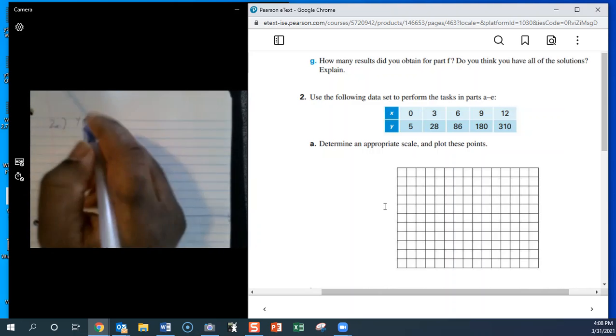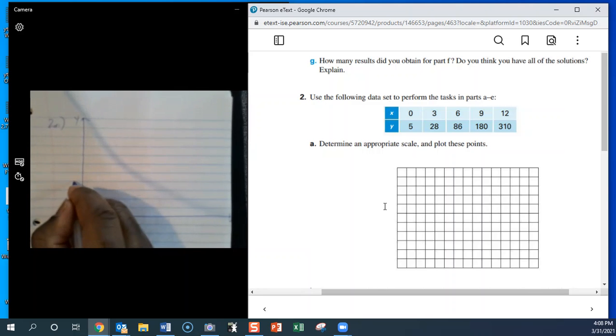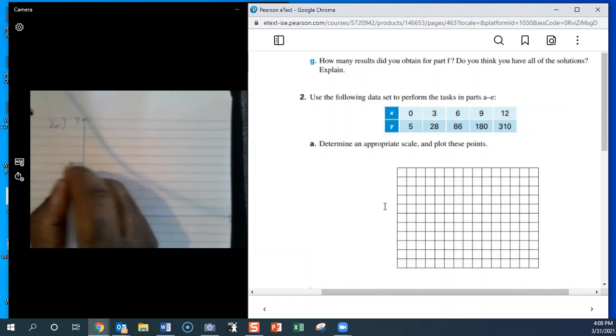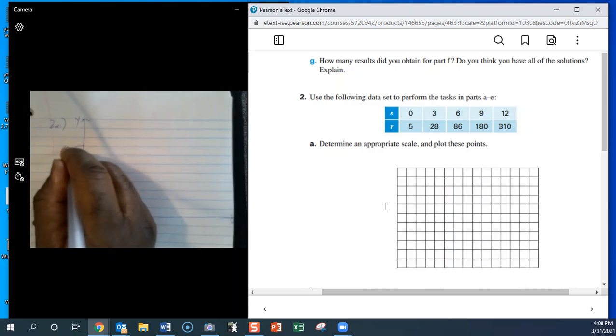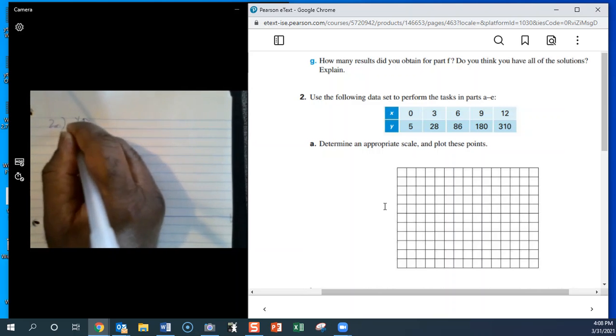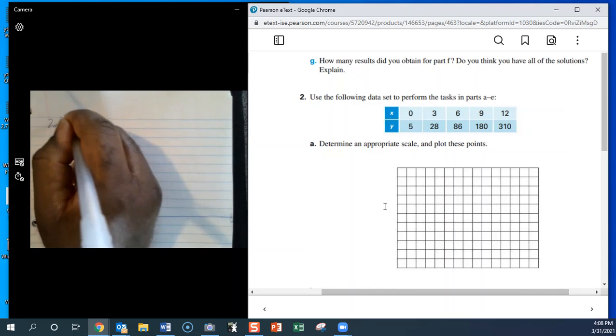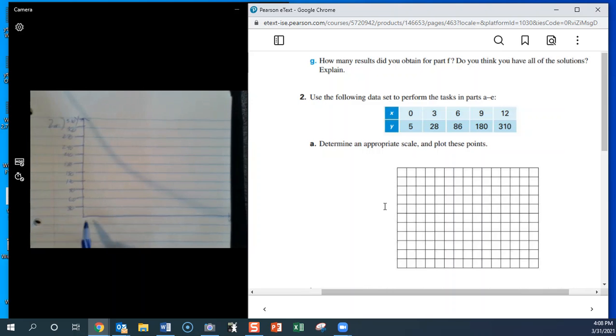All right, so with the y-axis, I said 30, so this would be 30, 60, 90, 120, 150, 180, 210, 240, 270, 300, and then up here at the top would be 330. Just to show you how you're supposed to label that.